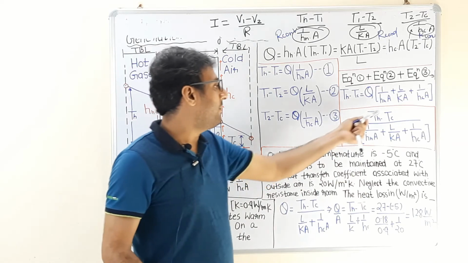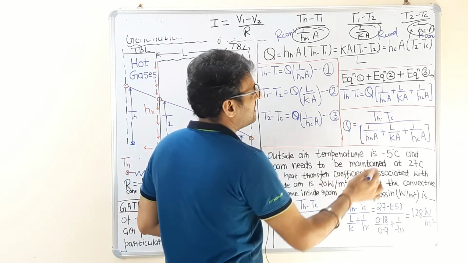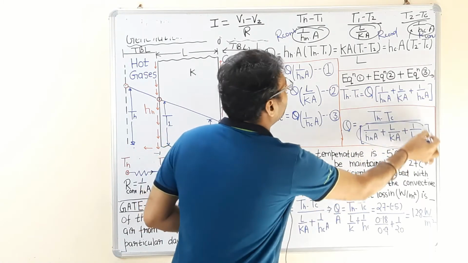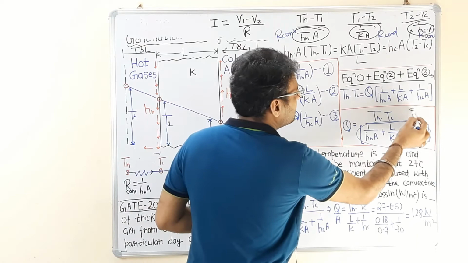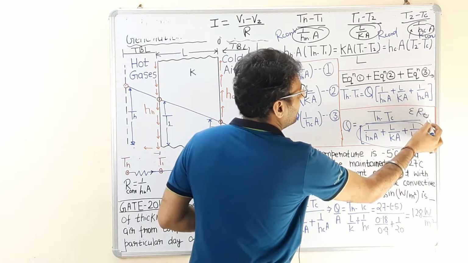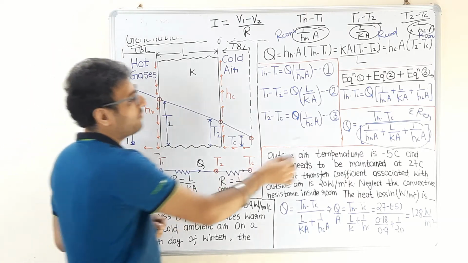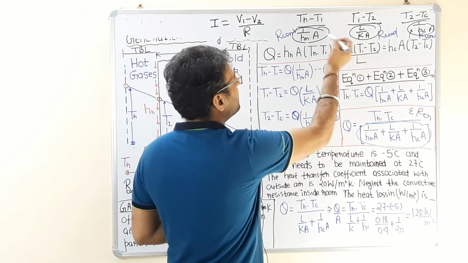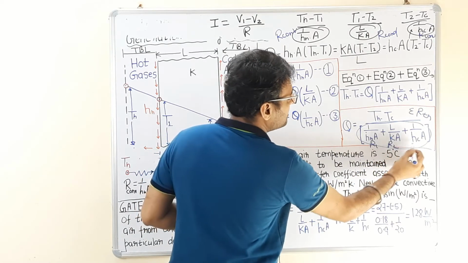Now from here we can see that this term below is basically the summation of the thermal resistances. So we can write this as sigma Rth, and because all these resistances are in series, we have taken R1 plus R2 plus R3.